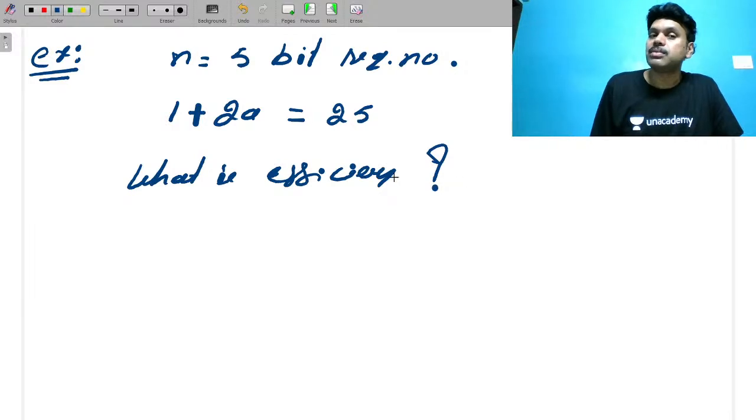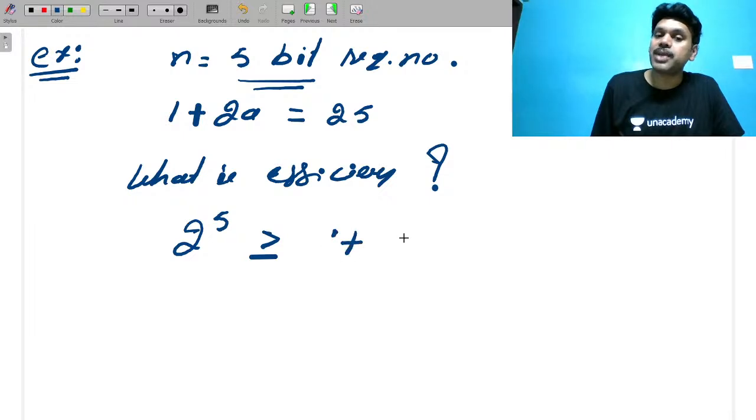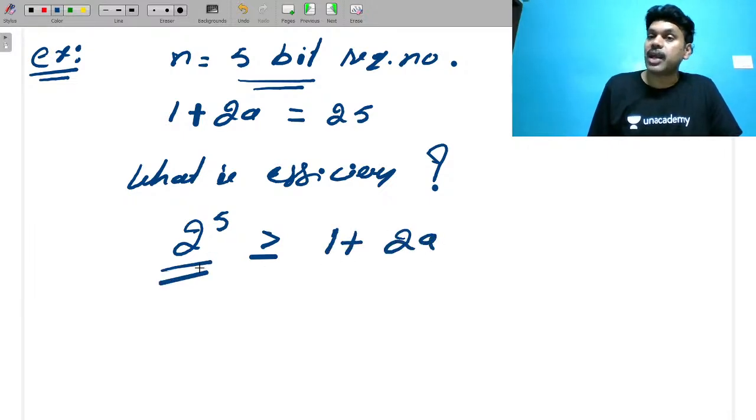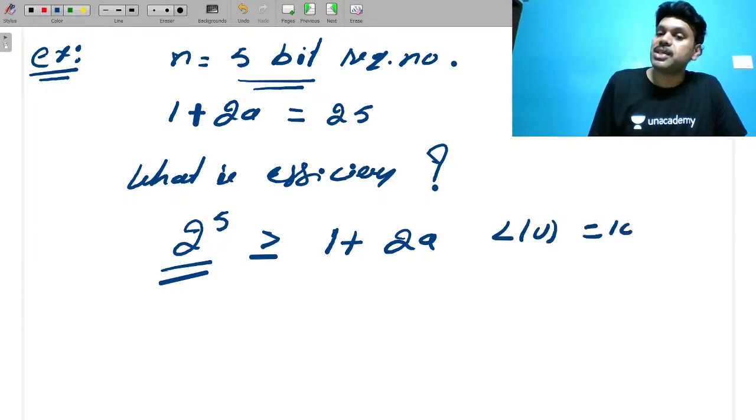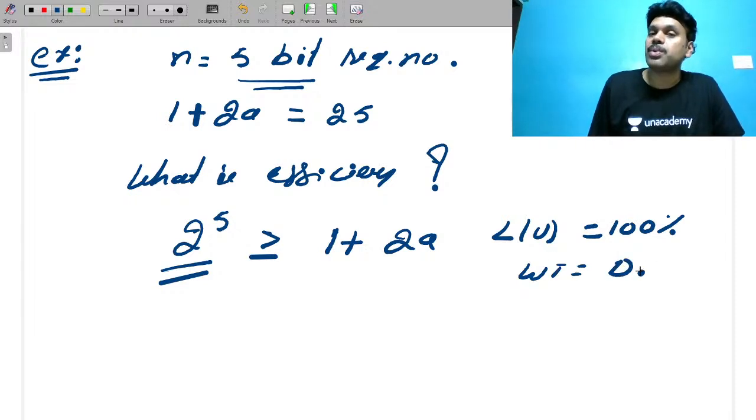So we know what is the efficiency. Your n bit value 2 power 5 is greater than or equal to your 1 plus 2a. So whenever your sender window size or your n bit value is greater than or equal to 1 plus 2a, my efficiency is 100% and my waiting time is equal to 0.